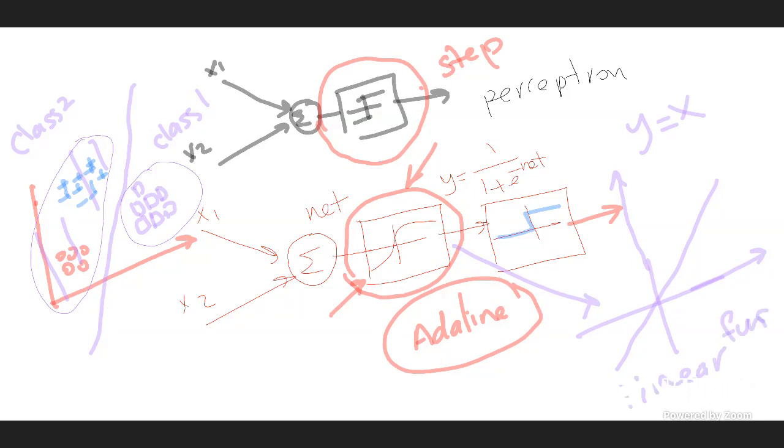So in fact, when it's a unit step, we use it for classification. This one we also use for classification. But instead of giving me class 1 and class 0, for example, it will give me the probability. It will give me a number between 0 and 1.